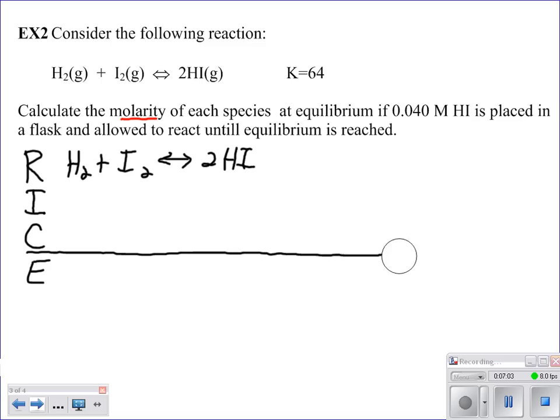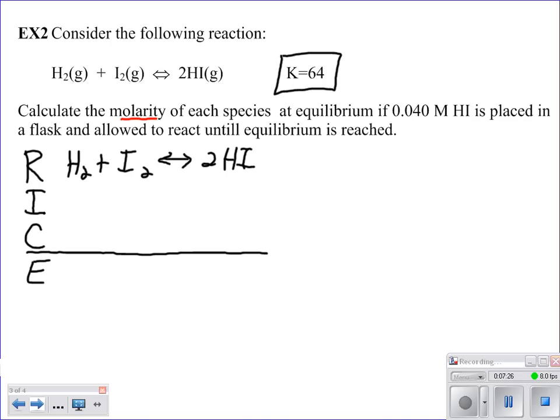And give myself more space. Okay, so we read through the example, and one thing I see is that it gives me my K value. I'll go ahead and block that in. That's a given for us. And calculate the molarity of each species at equilibrium if 0.04 molarity HI is placed in a flask.